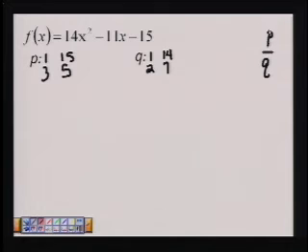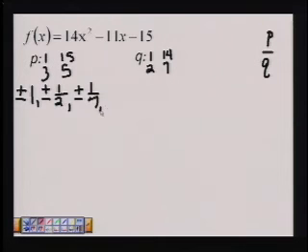Now we're going to build our fractions of the form p over q. Every possible value of p over every possible value of q. And we want to consider positive and negative values. So we'll just write plus or minus, and then 1 over 1, which is just 1. So we'll write it in the simple form. Then plus or minus 1 over 2, and plus or minus 1 over 7, and plus or minus 1 over 14.